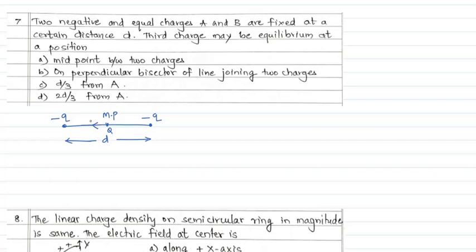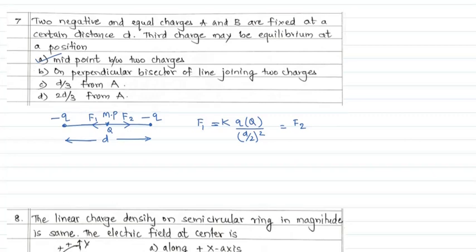Here if I take F1 and here F2, F1 will be equal to K Q into capital Q divided by (d by 2) whole square, and F2 also will be the same. So both are equal and opposite, so capital Q will be in equilibrium. So the option is the midpoint between the two charges.